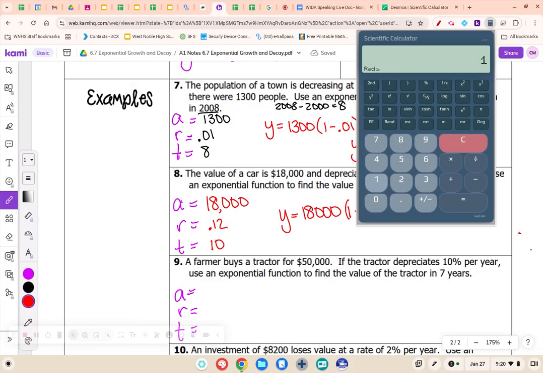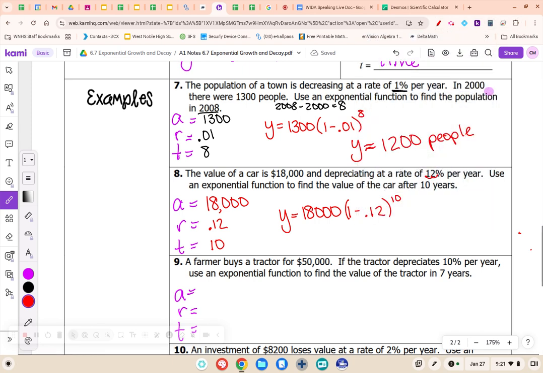Let me try that again. 1 minus 0.12 to the 10th power times 18,000. Okay, so after 10 years, your car is only worth $5,013.02 approximately. So, if you think it's worth $13,000 to drive your car for 10 years, great. Just know that it won't be worth as much as when you bought your car.